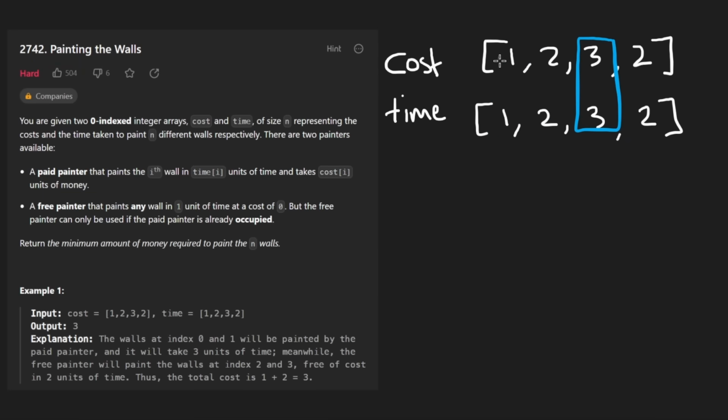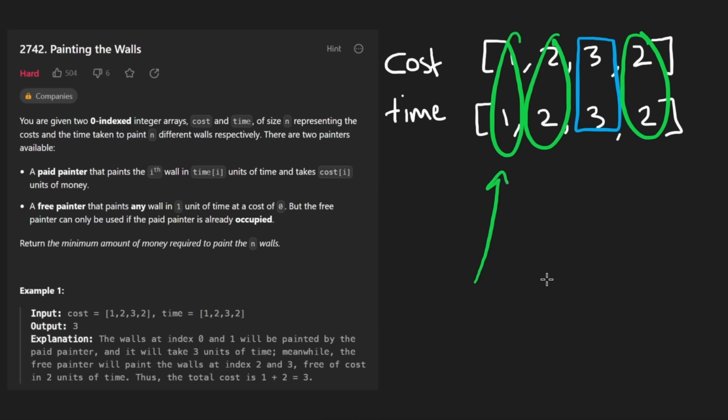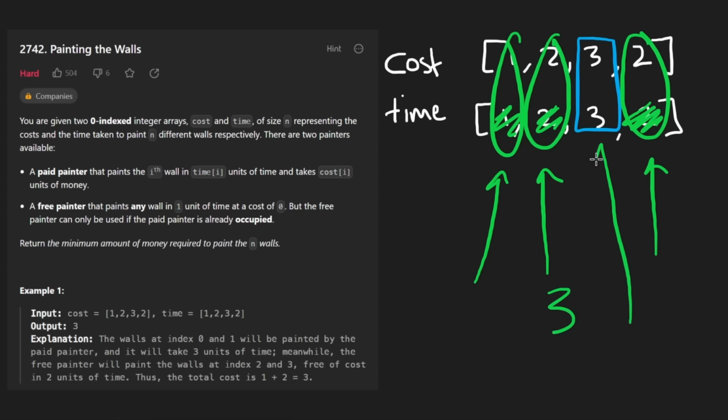We could also have the free painter paint literally all 3 of these, and the reason is because it takes them 1 unit of time for each. We can ignore the time here because the free painter can do all 3 in 3 units of time, and conveniently it took the paid painter 3 units of time to paint this one.